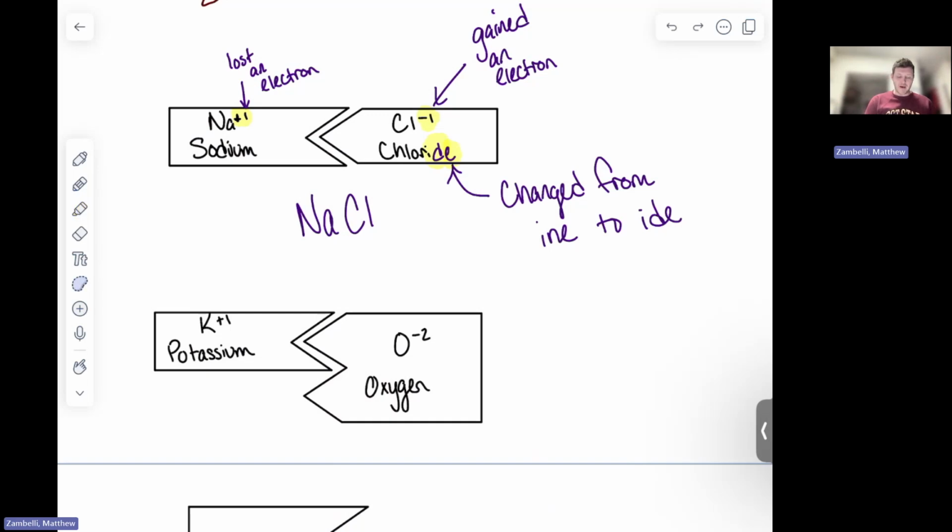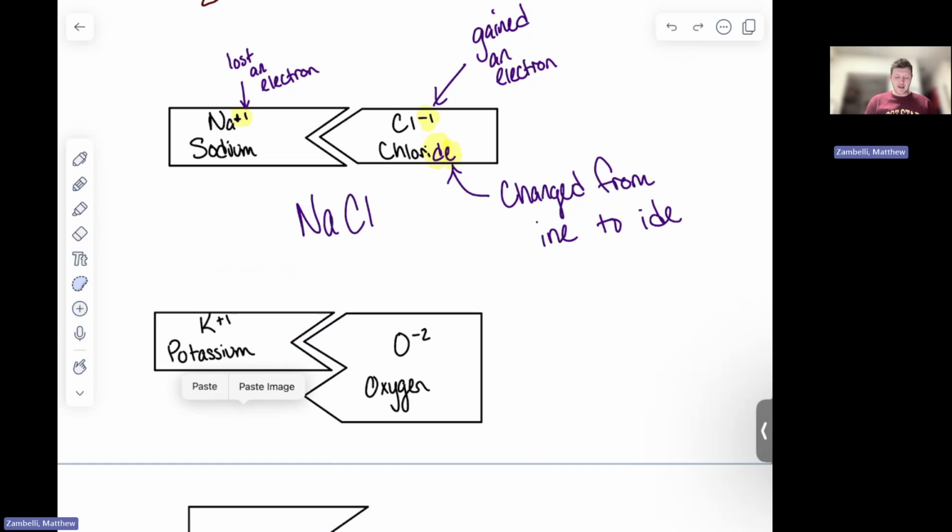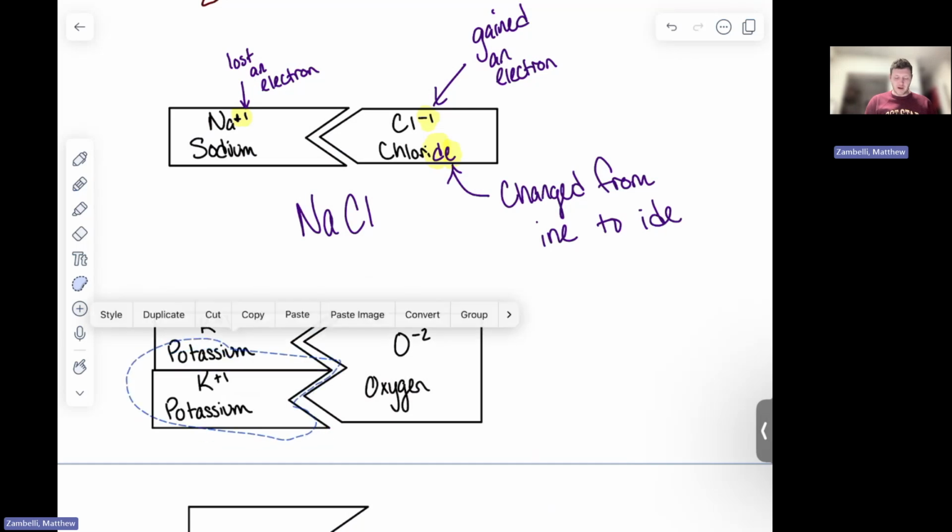When they combine, it's always going to be the amount that it wants. So we can bring in a second one to make 2 potassiums. So it balances out the oxygen. We always want to make sure we're balancing out both sides.